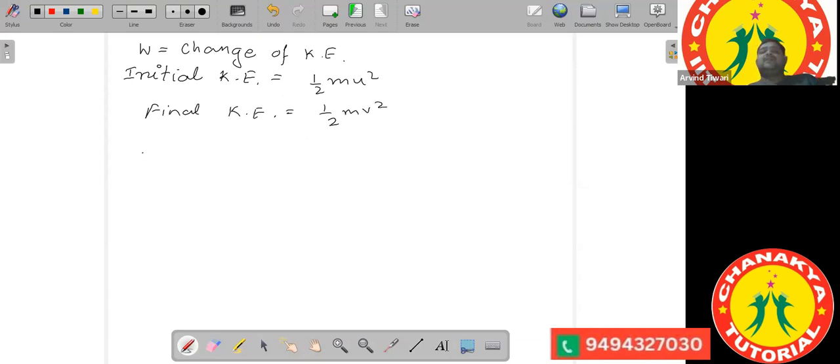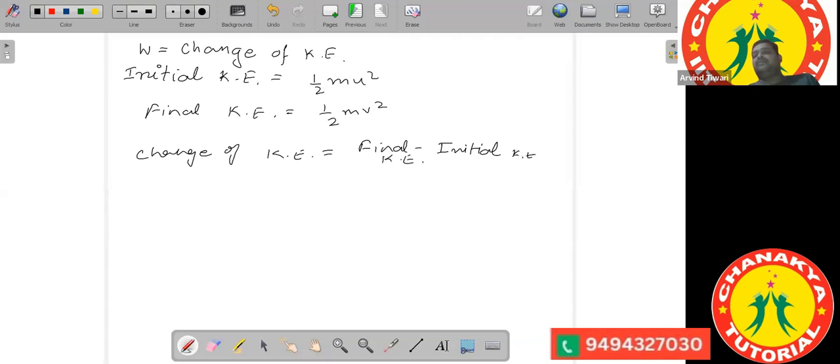And therefore I can compute the change of kinetic energy. So change of kinetic energy will be given by final kinetic energy minus initial kinetic energy. Right?